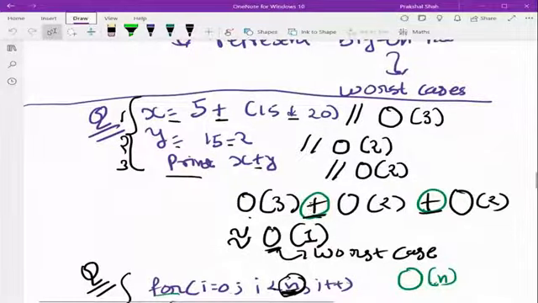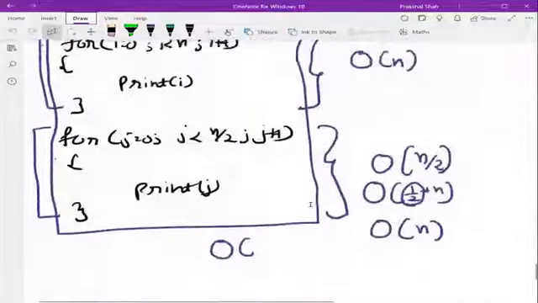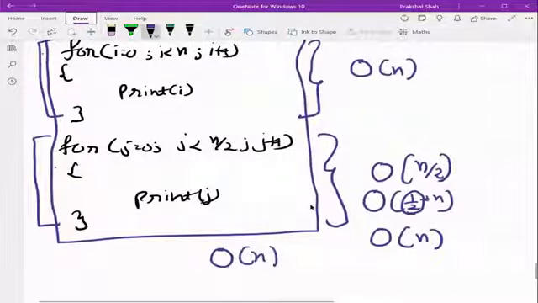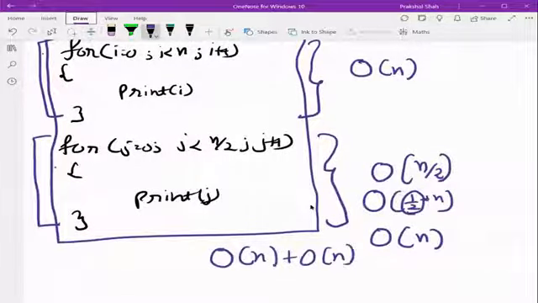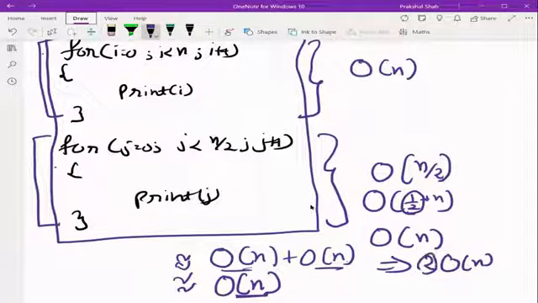Here also it will be added. It will be order of n plus order of n. Can I say, neglecting this, both will be the same, order of n? How? Because order of n plus order of n is 2 times order of n. The 2 will be ignored. It will be order of n.